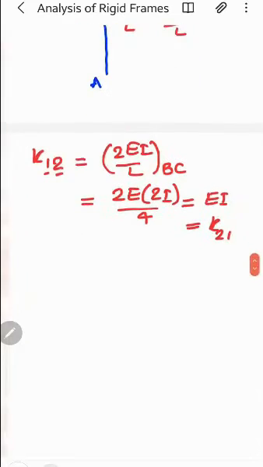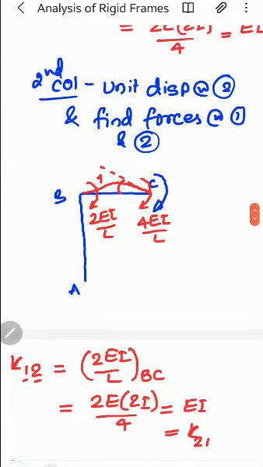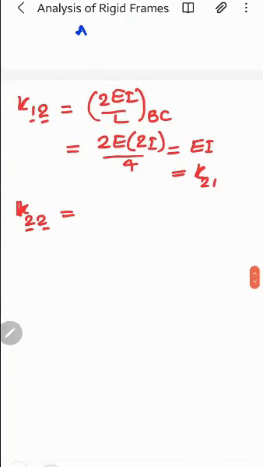Here, similarly K22. K22 is deformation at 2 due to unit displacement at 2, right? So where is 2? 2 is at C. So at C you have 4 EI by L. So this 4 EI by L is for BC member.